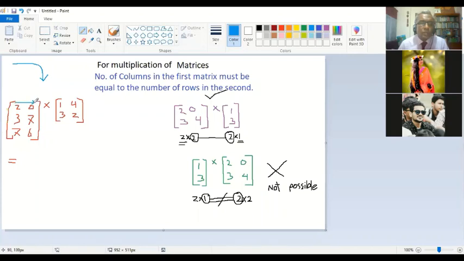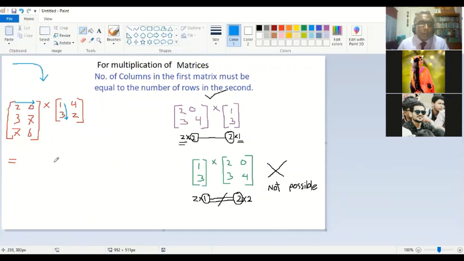You come from left to right, and then you come down the first column, that is up to bottom. If you follow this direction, you see 2, 0, and then 1, 3.